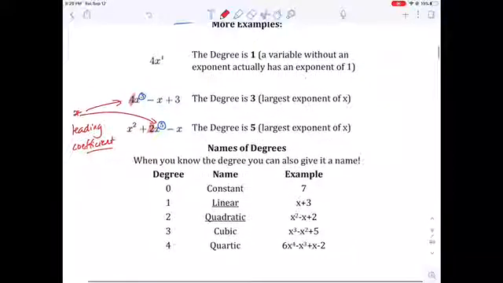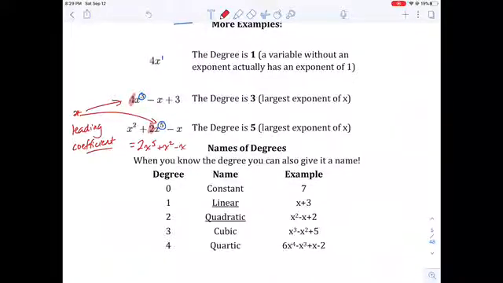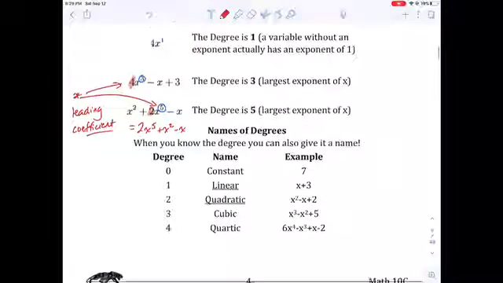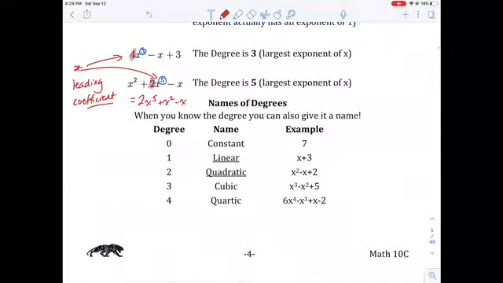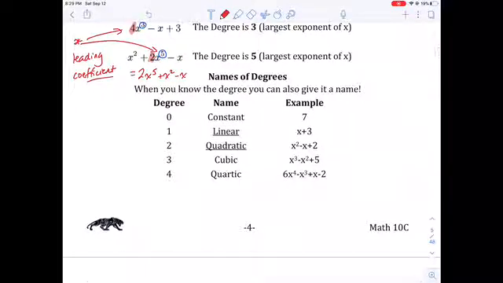If we were to write these, usually you would write this last one as 2x to the 5 plus x squared minus x in descending degree order, right? We're starting with our highest degree and writing to the lowest.